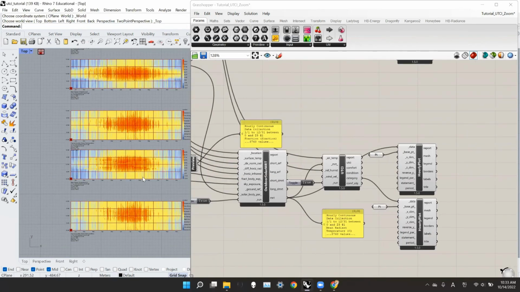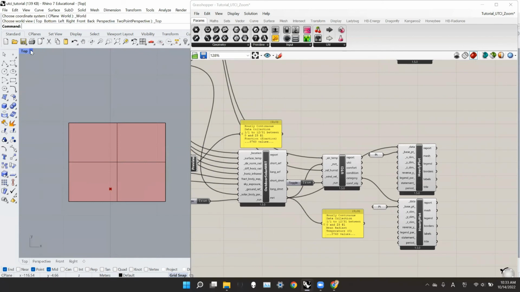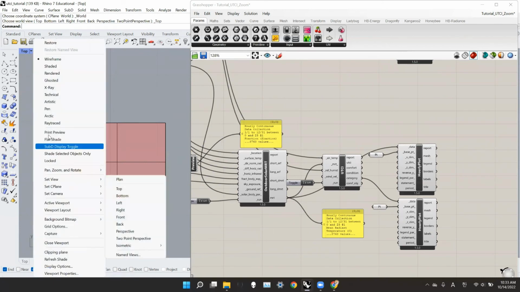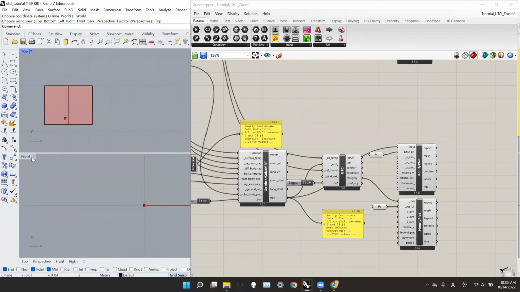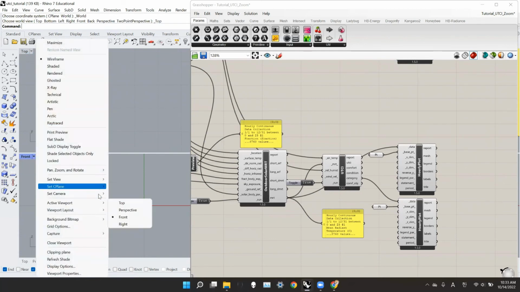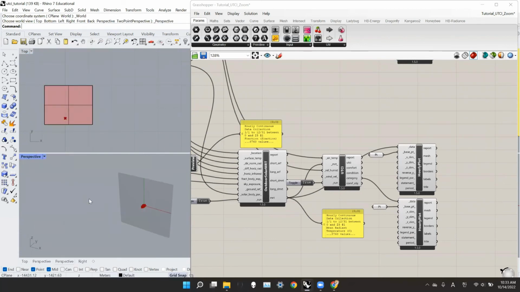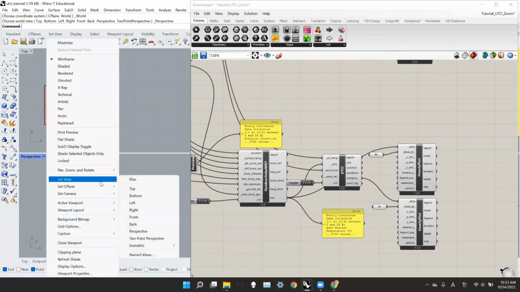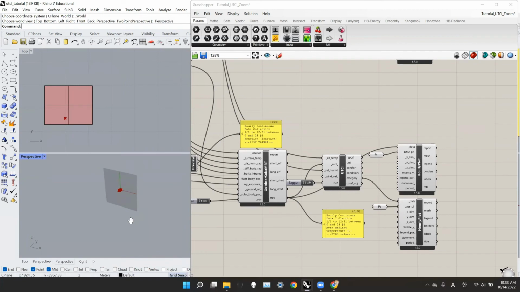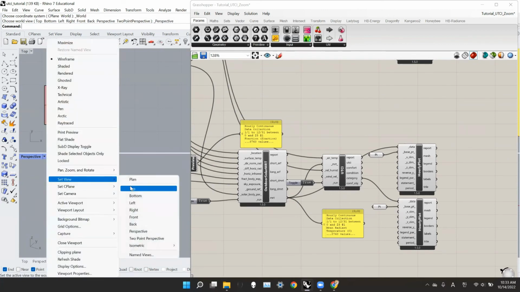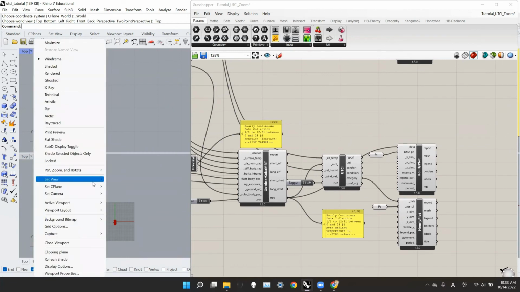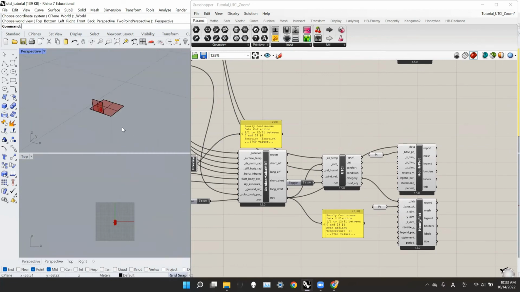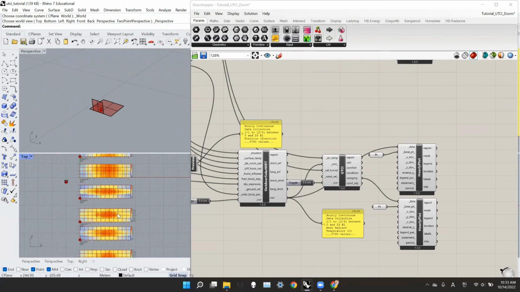So then let's try something else, like perspective. I didn't mean this perspective. Okay, I'll make this one top and this one perspective. Okay, so these are the charts.